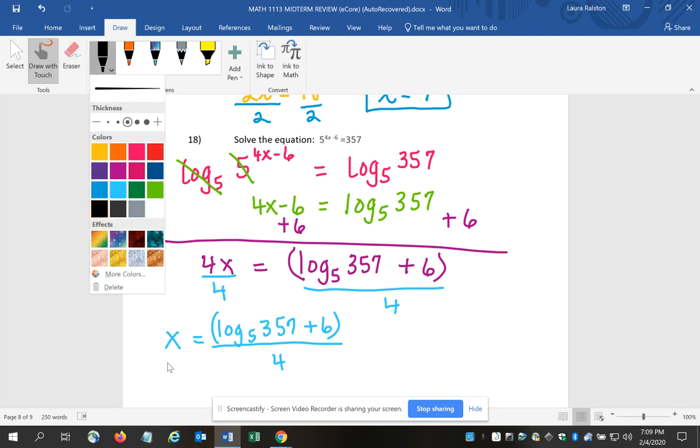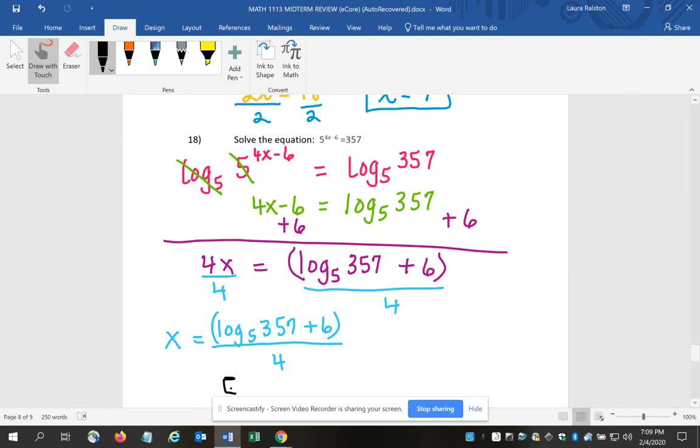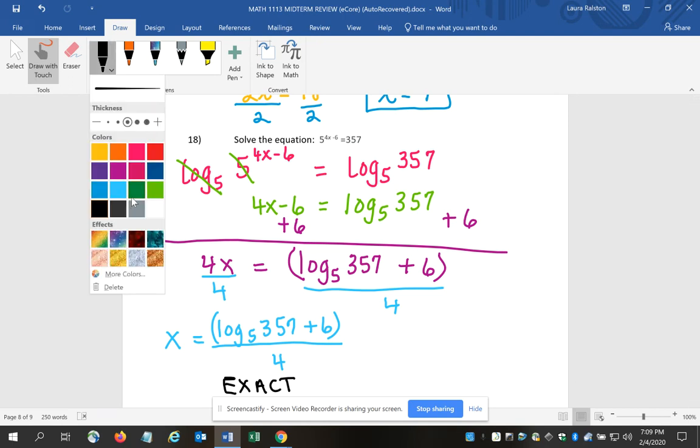And so you may have to pay attention to the instructions and how they want you to write it. Do they want you to leave it in the log form, or do they ask for it in the decimal form? If they ask for it in the decimal form, then you would use your calculator to calculate that value. So let me see if I can do that for you.